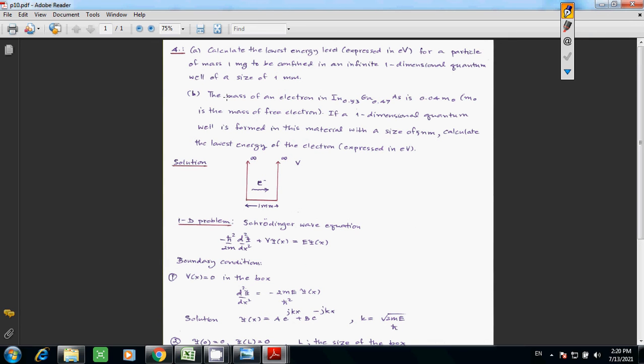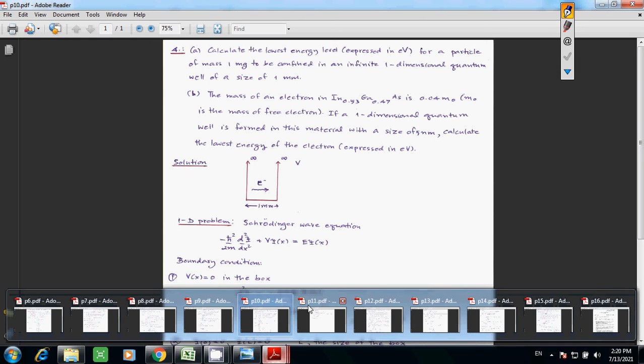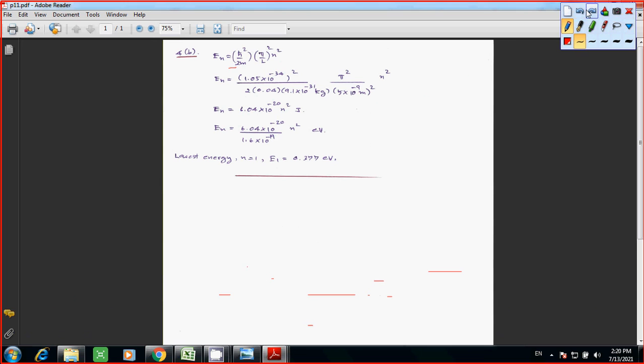Now, what about B? For B, you simply have a different mass, 0.04 m0, where m0 is the electron mass, 9.1 times 10 to the negative 31 kilogram. The rest still is the same.